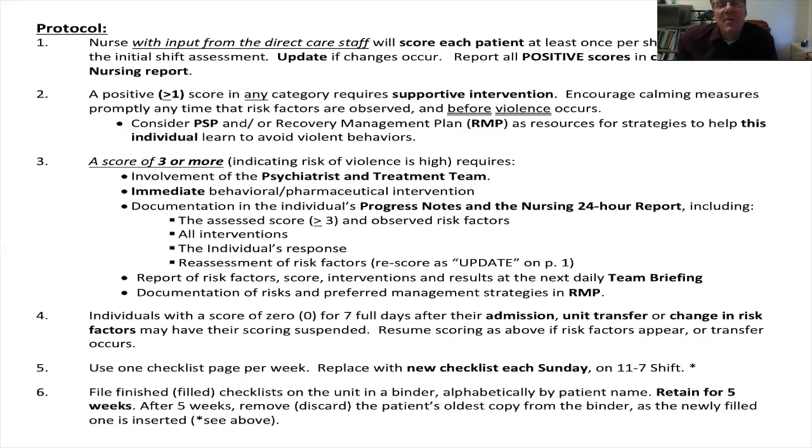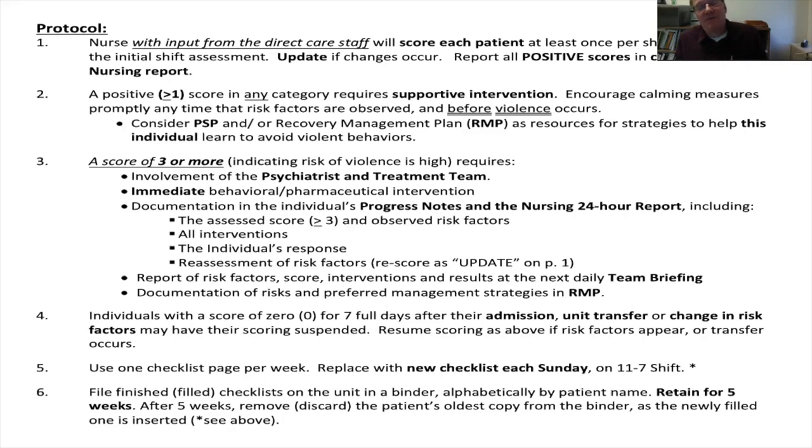So what's really important during the team briefing is that we're collecting information about what the risk factors are for this person, what they are scoring, what the interventions are, and what the results of those interventions are, which can be really helpful going forward. All right, then the last piece of that is a documentation of the risk and preferred management strategies in the RMP. Okay, so move on to number 4.